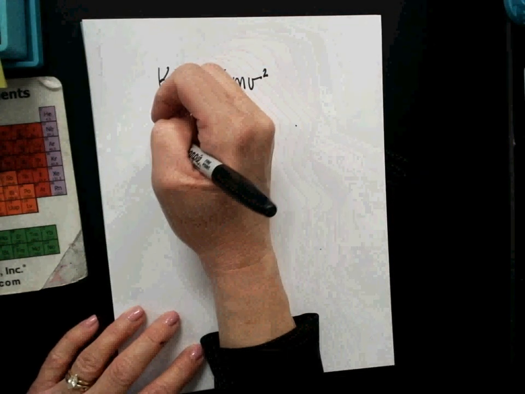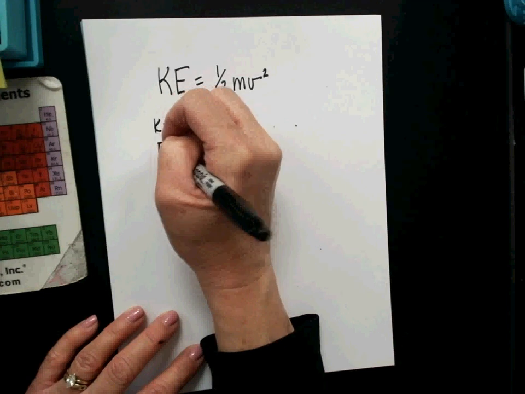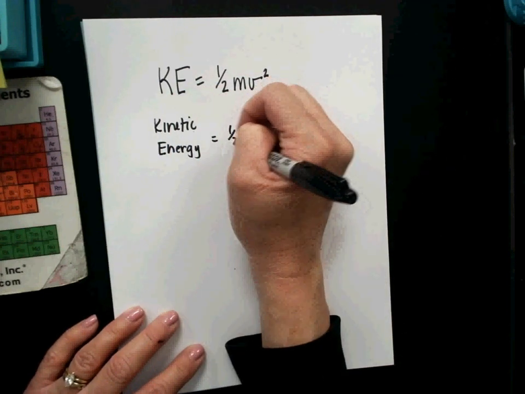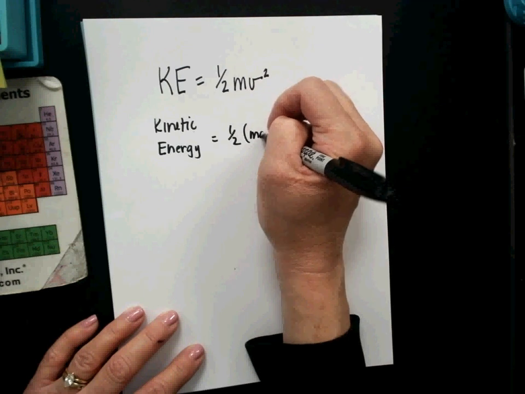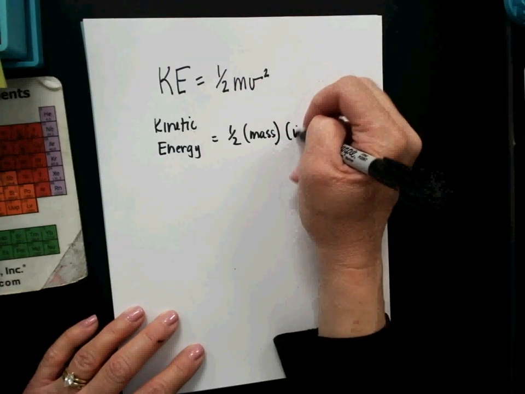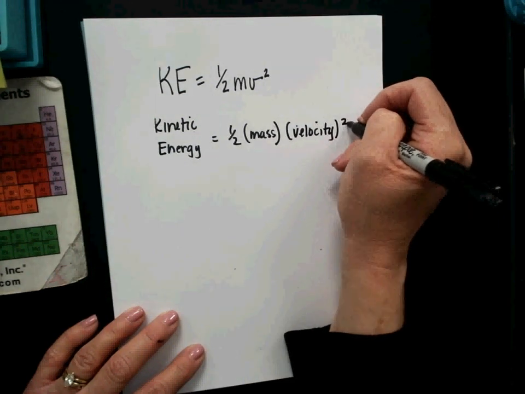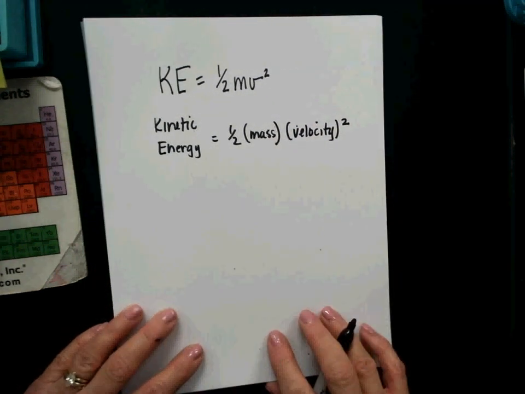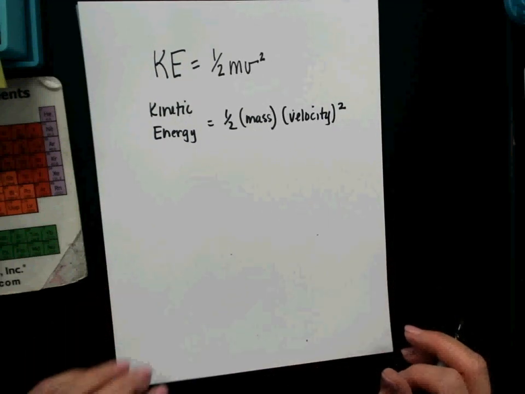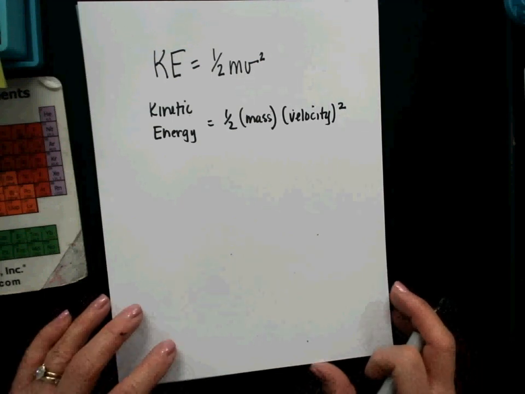Or kinetic energy equals 1/2 the mass times the velocity squared. And don't forget to square your velocity. Or if you're solving for it, find the square root of it. Those are some of the things that people mess up with.